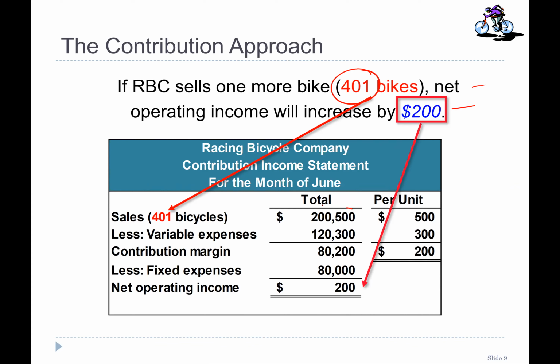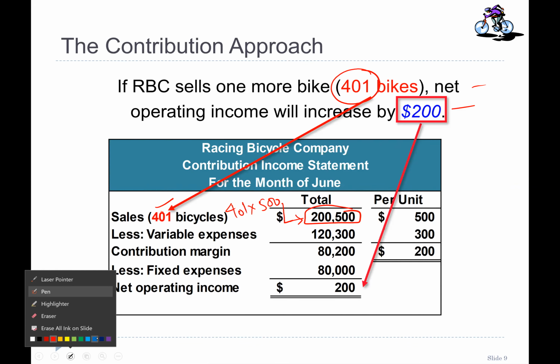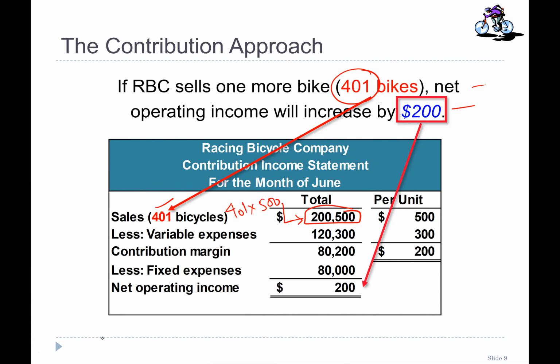Where did this 200,500 come from? We have 401 units and each price 500, so the answer is 200,500. 401 multiplied by 300, answer is 120,300.